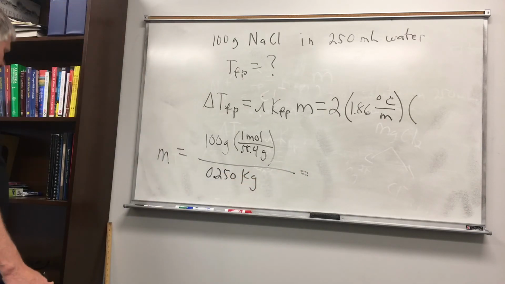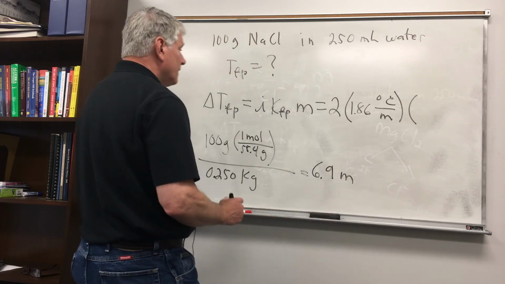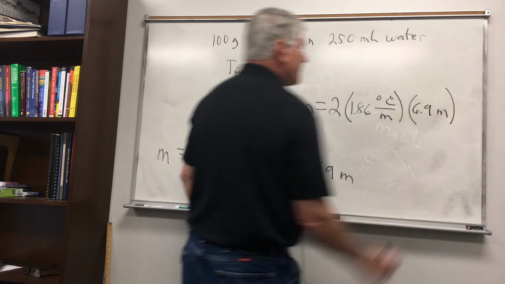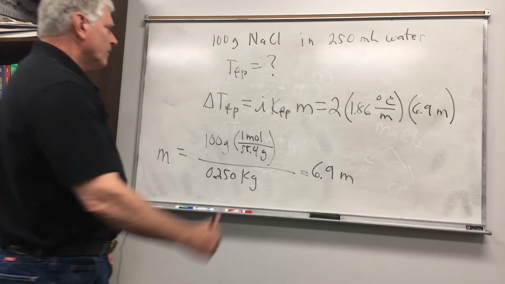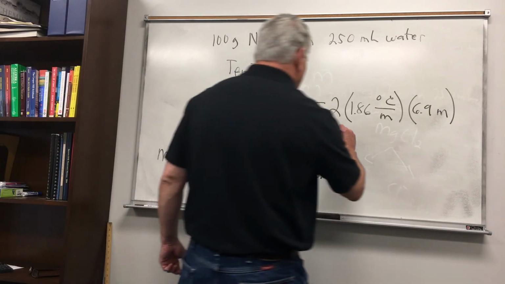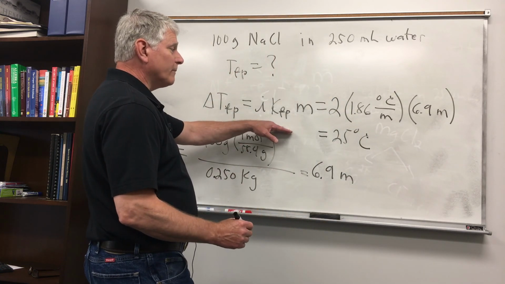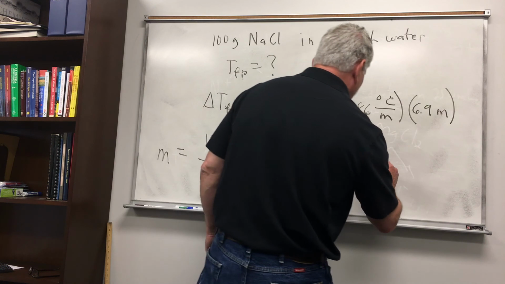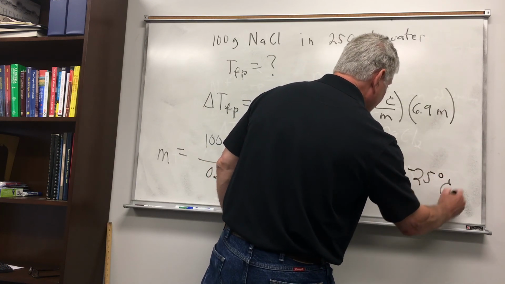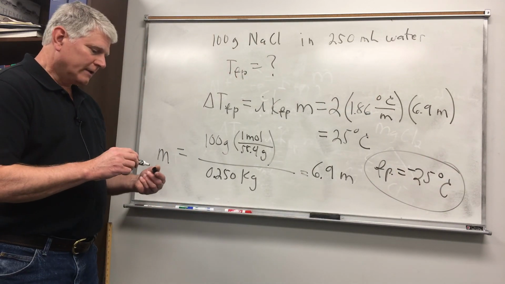So the molality is equal to 6.9 molal. We'll substitute that in for the molality, and our freezing point depression will be 25 degrees centigrade. So this is the freezing point depression. The freezing point of my solution will be negative 25 degrees centigrade for this very concentrated salt solution.